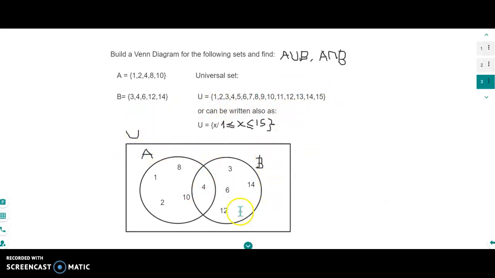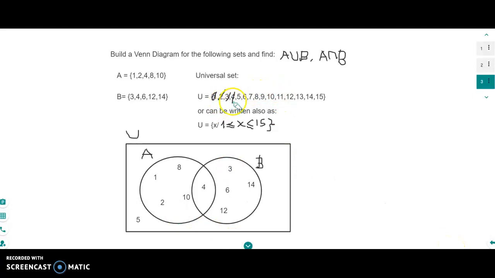What do we write outside the sets A and B? We write the elements of the universal set that are not in A nor in B. Okay, for example, 1 is already in A, so we can cross the elements that we already have. 1 is already in A, 2 is already here, 3, we already have that, 4, 5, for example, 5, look, we don't have 5 in any set, so we write 5 here.